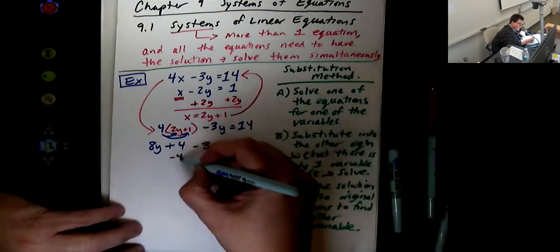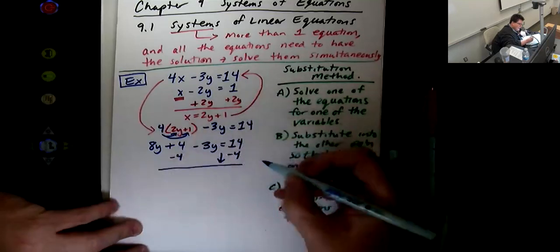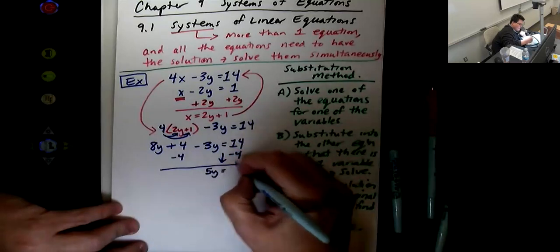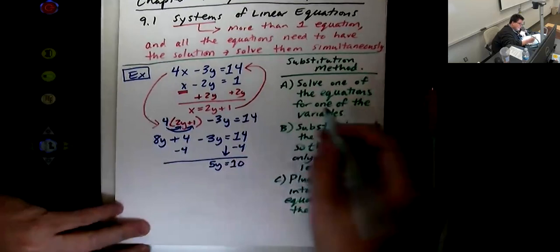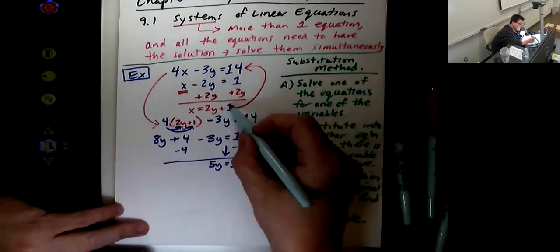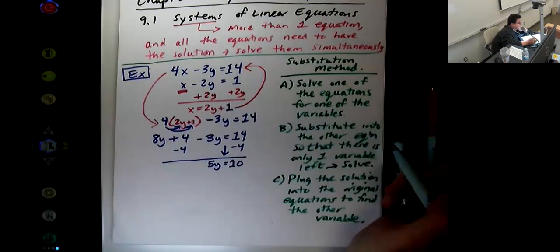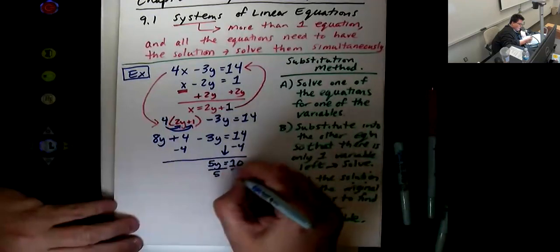I'm going to subtract 4 from both sides and gather my y's at the same time. 8y minus 3y is 5y, and 14 minus 4 is 10. So we divide by 5 and we get y equals 2.